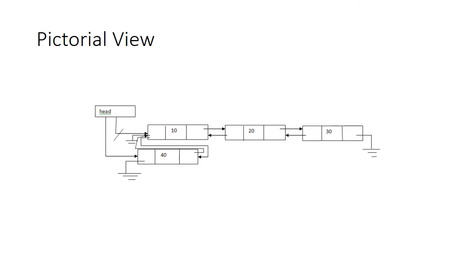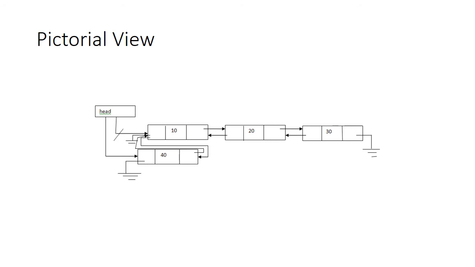Now I will break this right link, and I will store the left node address field of head in the right pointer of my new node.